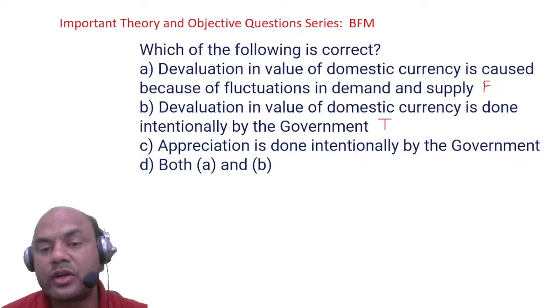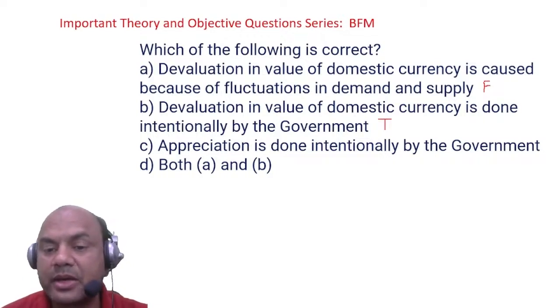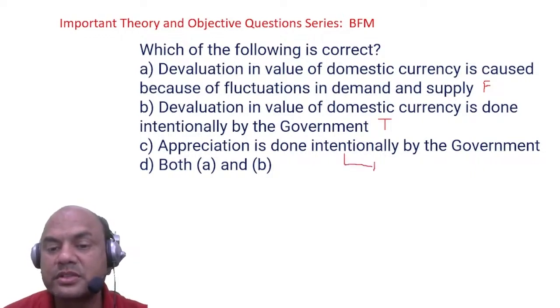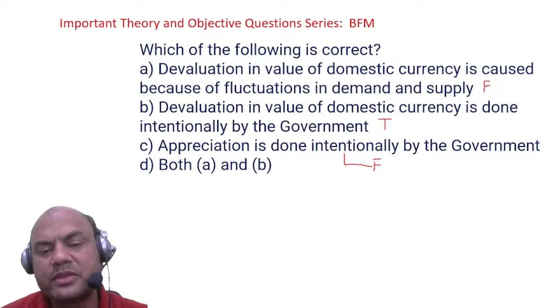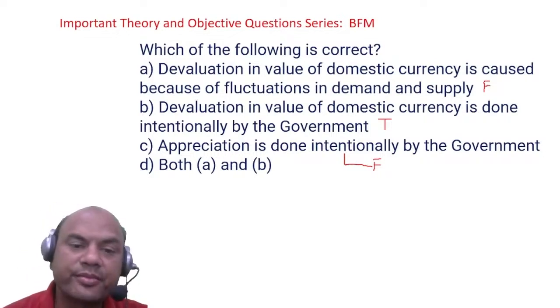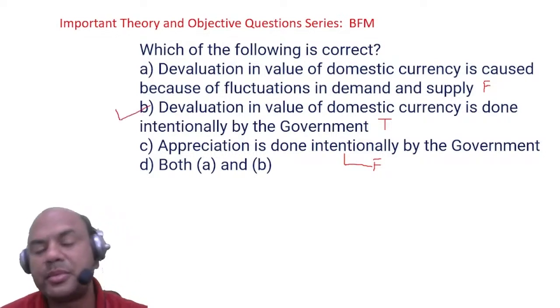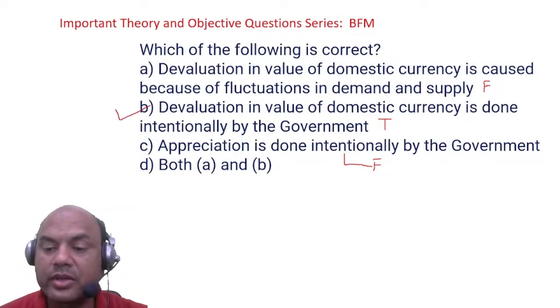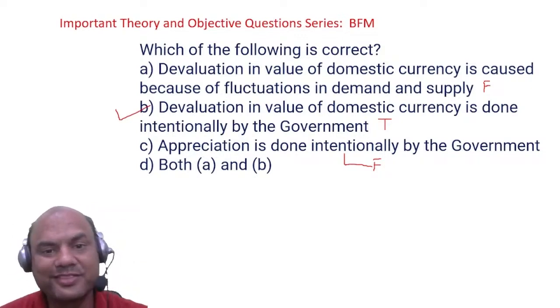So one, I got it true over here. Appreciation is done intentionally by the government. Appreciation is done by the market forces. So this is false. Both A and B, that is obviously false. So the answer is B, only B. Only B is correct. Got it, everyone?